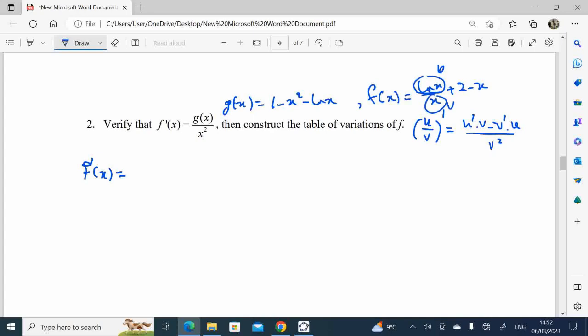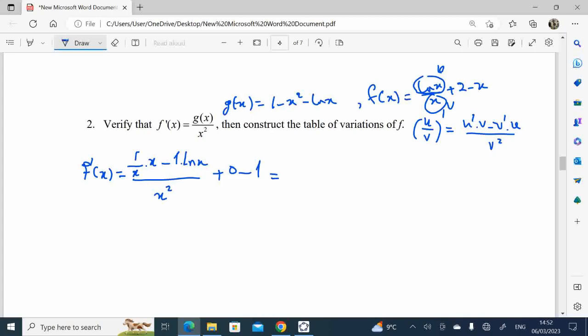So u prime is 1 over x times v which is x, minus v prime, which is 1 because the derivative of x is 1, times u, which is ln x, all over v squared, which means x squared, plus the derivative of 2, which is 0 since the derivative of a constant is 0, minus the derivative of x, which is 1.